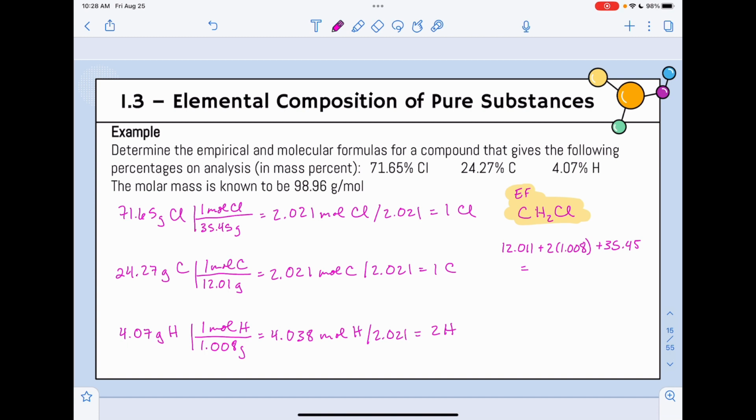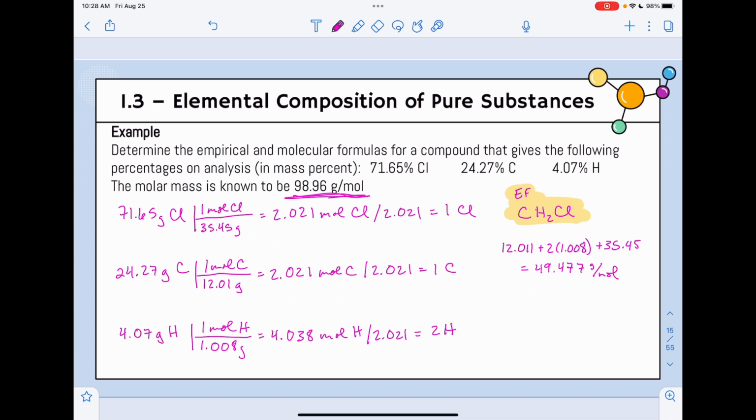It's essentially my molar mass, but based on the empirical formula. So let's see what this comes out to be. It comes out to be 49.477 grams per mole. Now, we may notice that's not the same as my molar mass, 98.96.